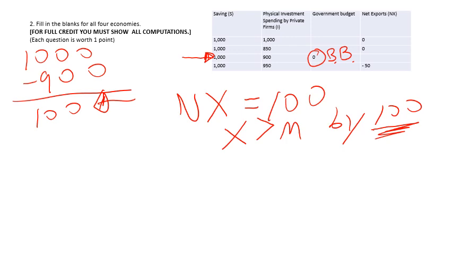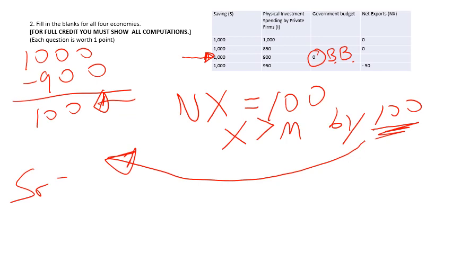We're going to take this and send it to them. In other words, SR is going to be negative 100. But the question is, what are our net exports?